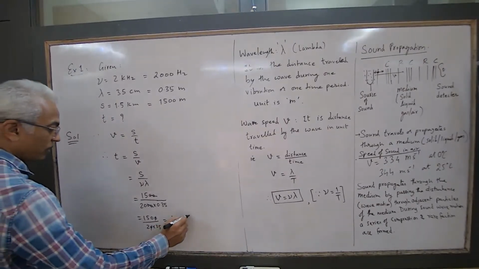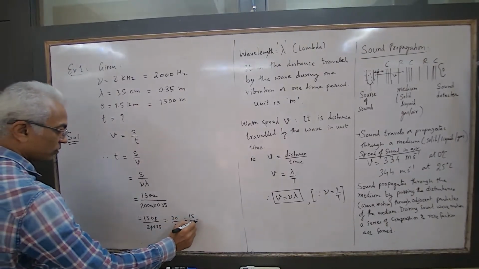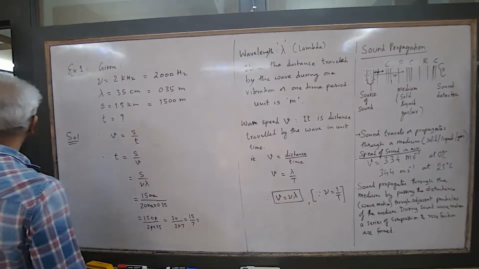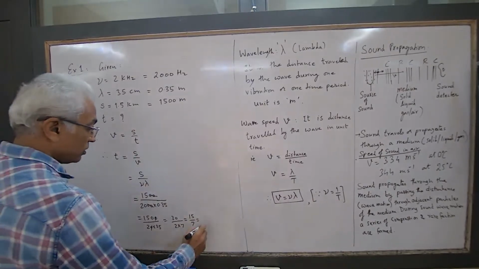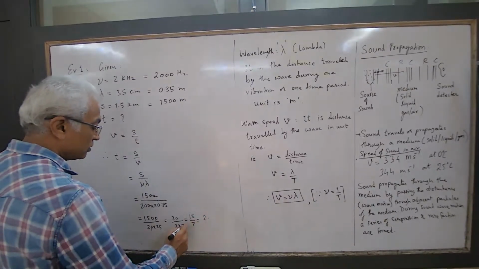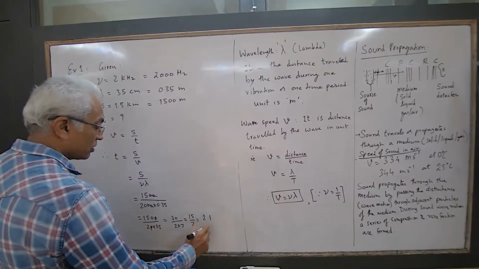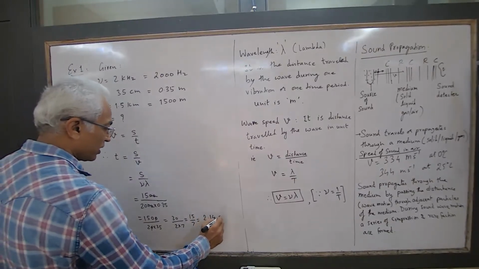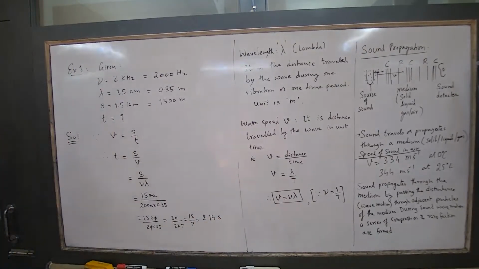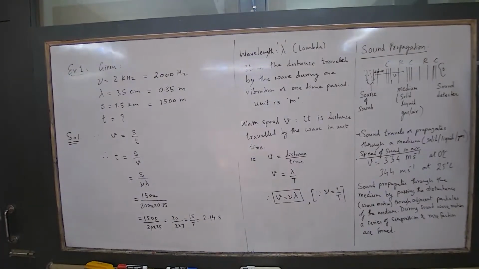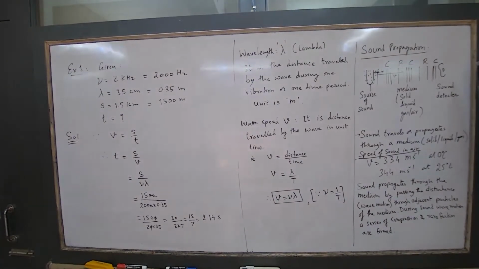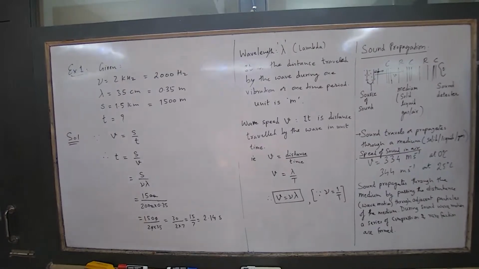This is 15 by 7. 15 by 7 seconds. Okay. So 7 2s are 14. So it will take roughly 2.14 seconds or 2.1 seconds.